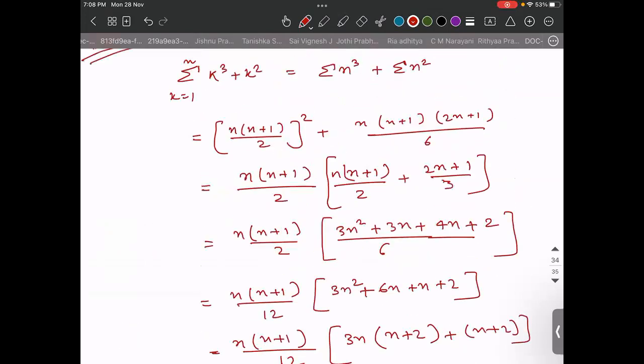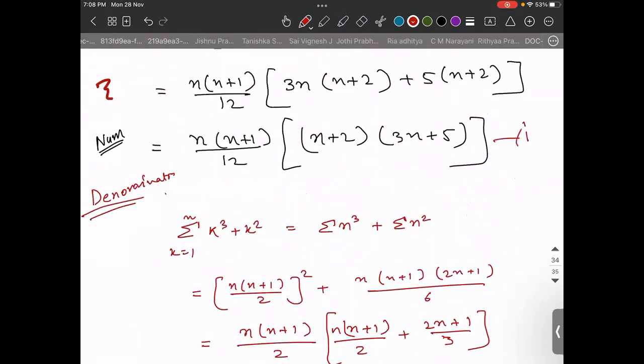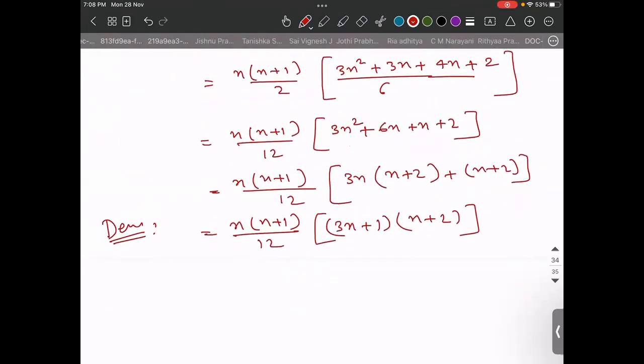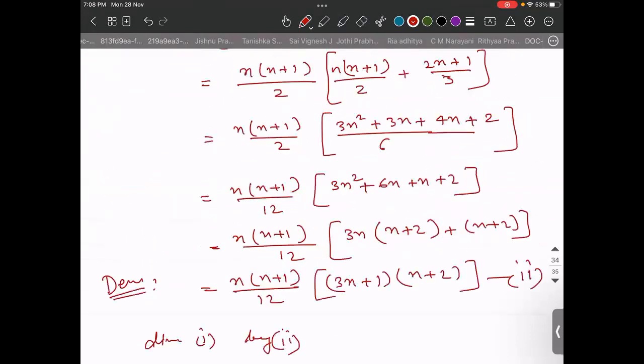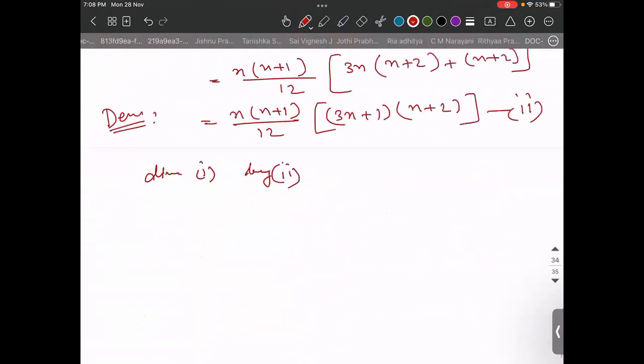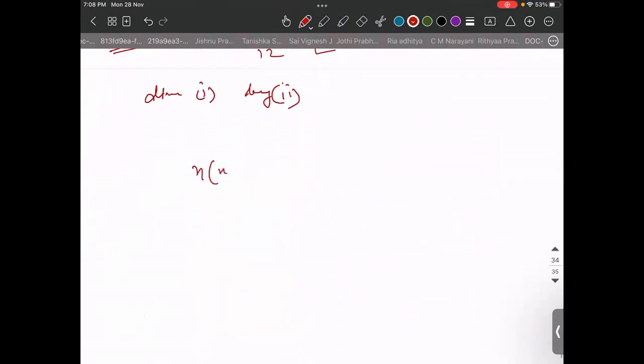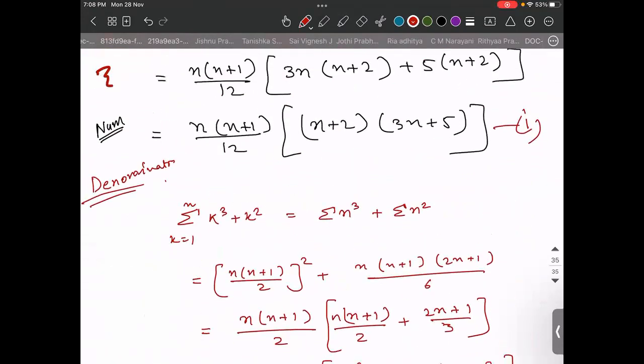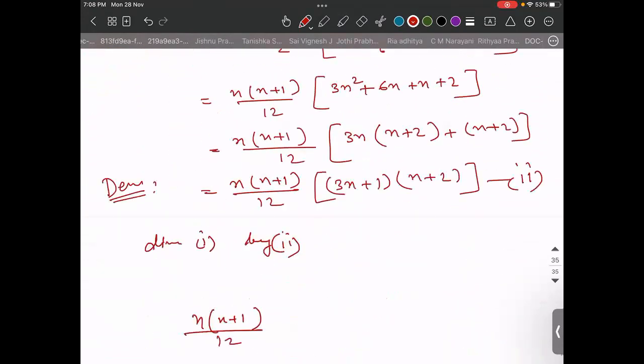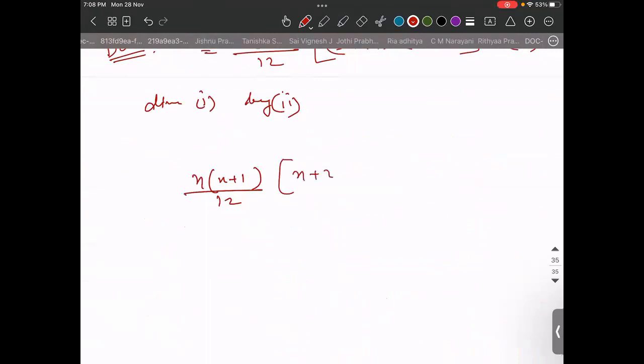Right? Now you take the ratio of numerator 1 and the denominator 2. Divide 1 by 2. What you will get? Let's write it down. So 1 is your n into n plus 1 upon 12, n plus 2, 3n plus 5.